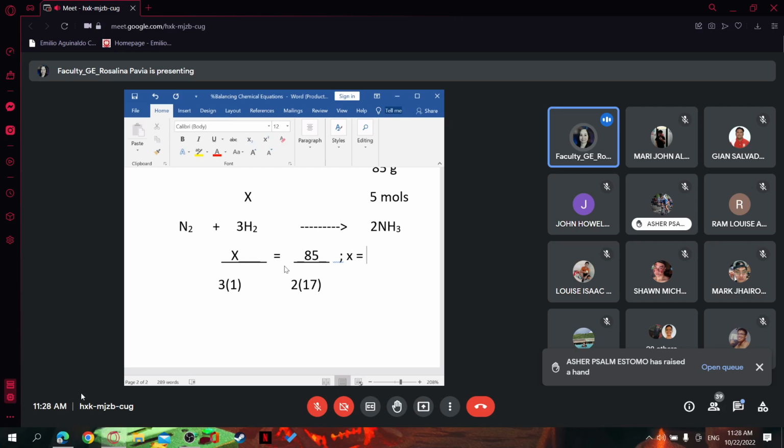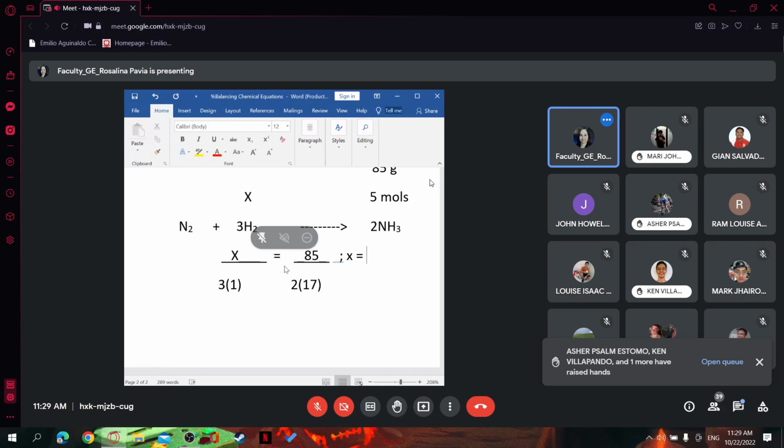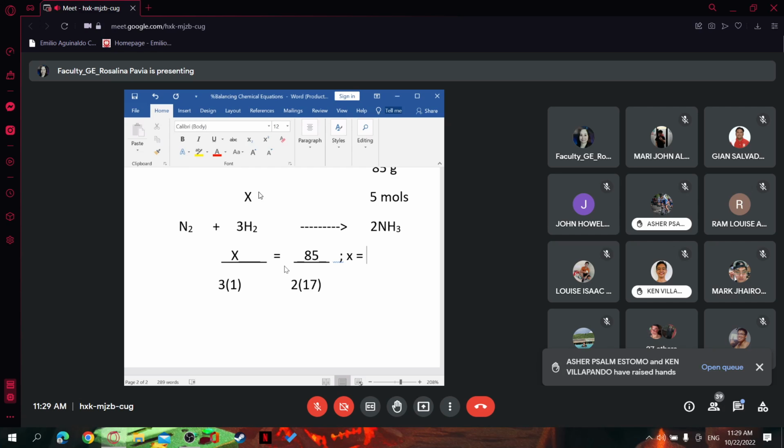Ilang grams ang hydrogen? Ilang grams si hydrogen? Mr. Estomo. Ilang decimal places po ba, ma'am? 2. Ano po? 3.04.